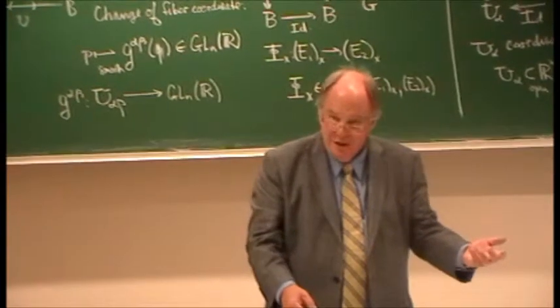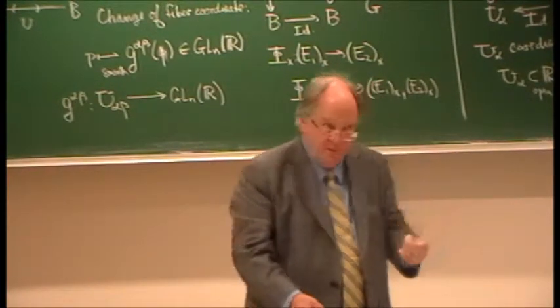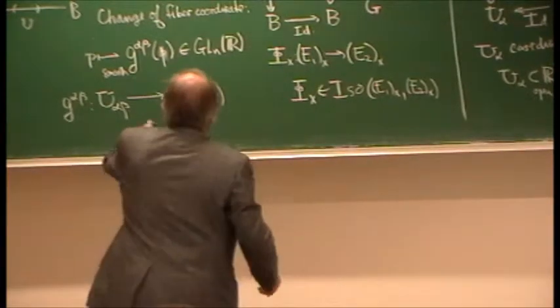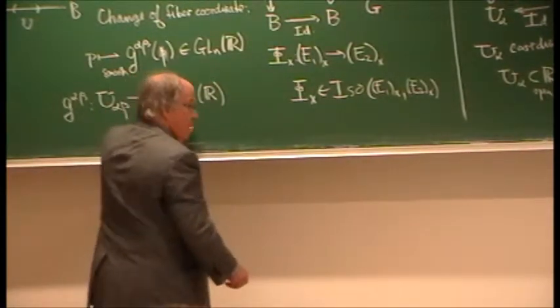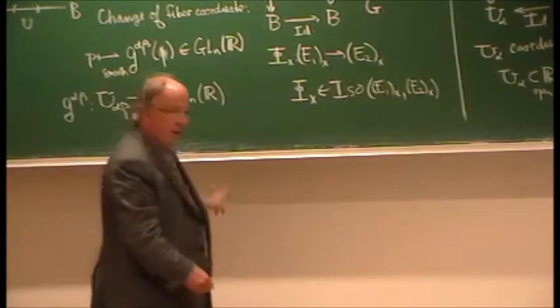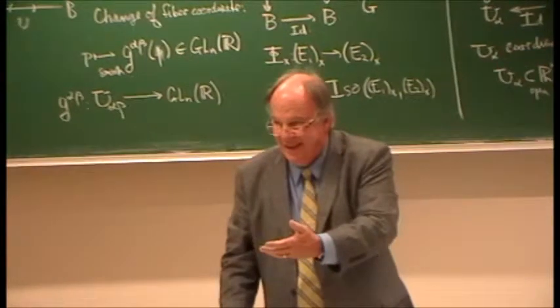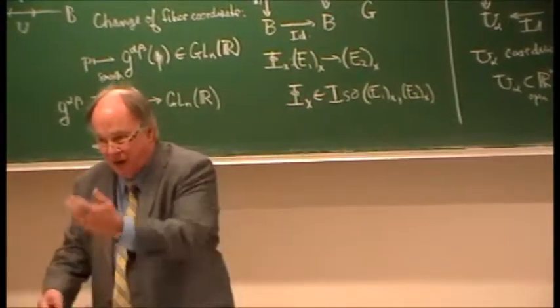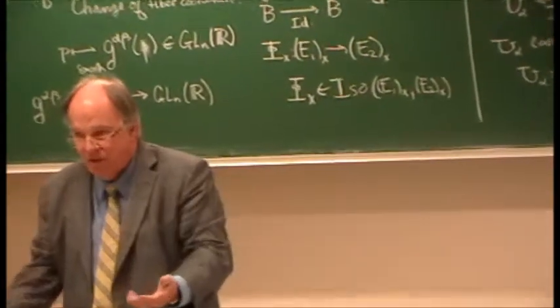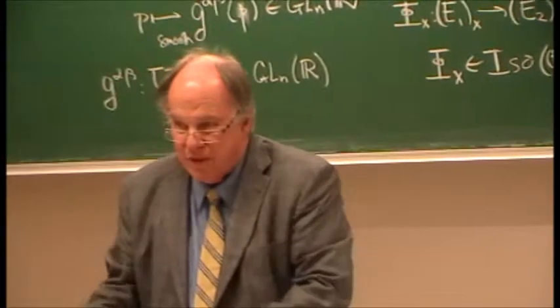So I can tell you what a smooth map means. Okay? The change of the fiber coordinate has to be a smooth map from the overlap into GLN. And that is the smooth structure on a vector bundle. Now, if there was some other fiber bundle you asked, some other fiber, or some other structure group, you better understand what it means to smooth map into that structure group.